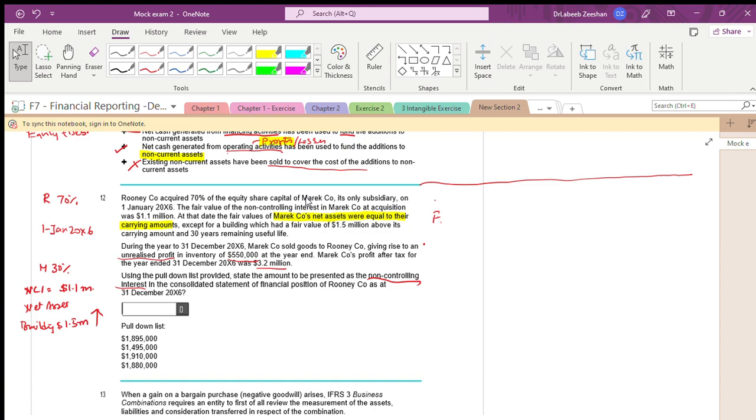The life is 30 years, which means you have to calculate depreciation on that. Also goods have been sold, so there is unrealized profit. You have to remove that unrealized profit.